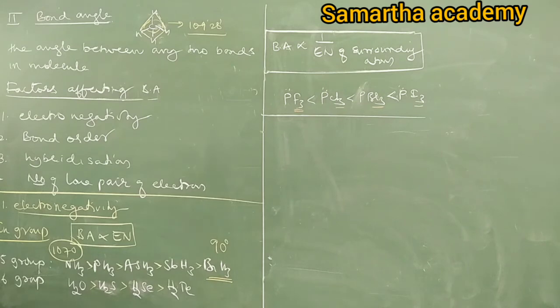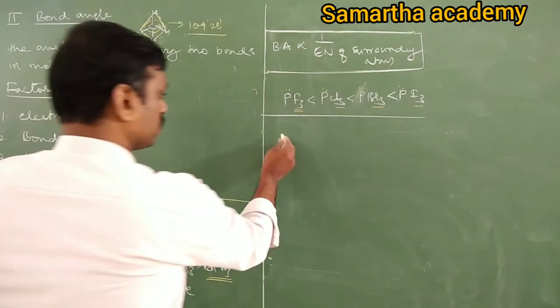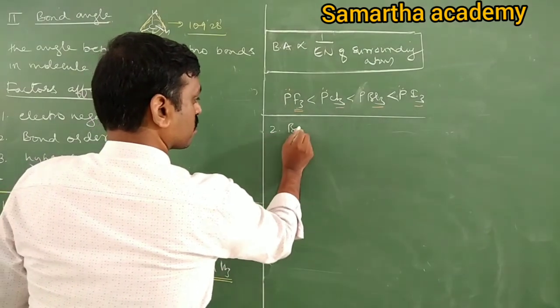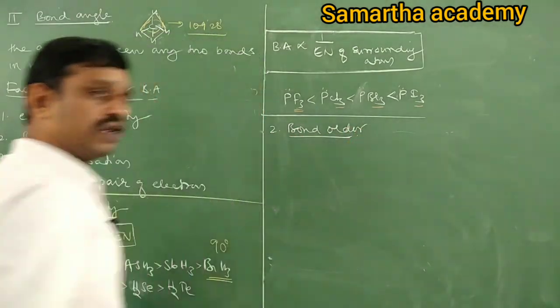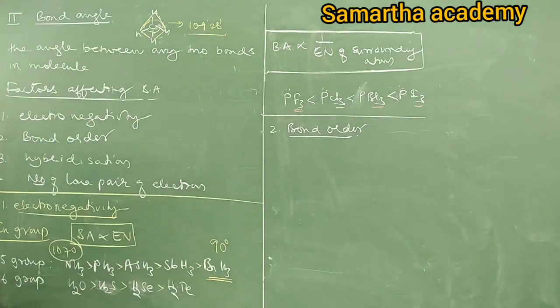Next, second factor is bond order. Bond order is nothing but bond multiplicity, the number of bonds. As the number of bonds increases, bond angle increases, like alkane, alkene, alkyne: single bond, double bond, triple bond. The alkyne bond angle is 180.